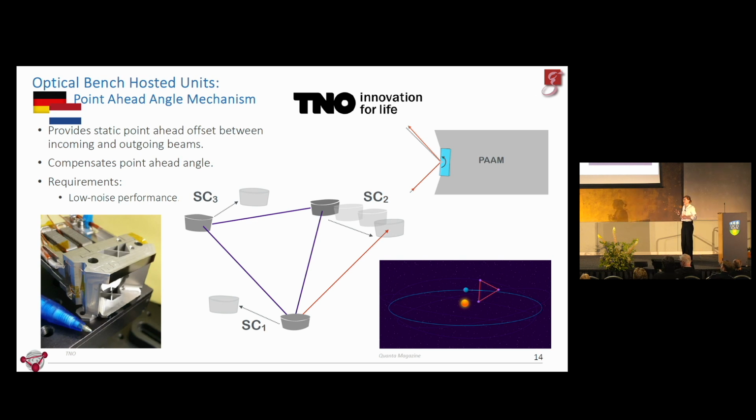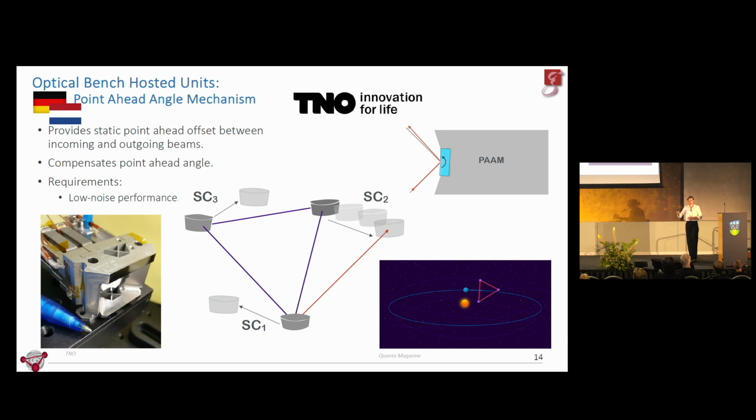The light travels approximately 8 seconds between those. So if we are on spacecraft 1 and we want to send our light to spacecraft 2, we have to point where the spacecraft will be in approximately 8 seconds, not where it is right now. And that creates the static offset between those 2 that we have to compensate for.